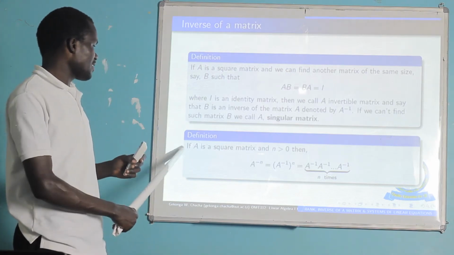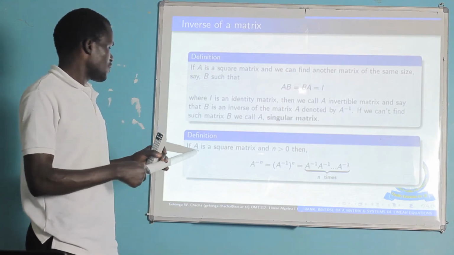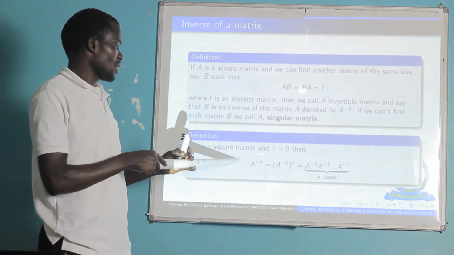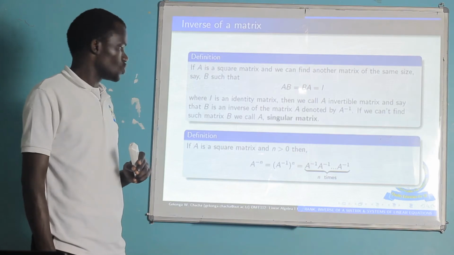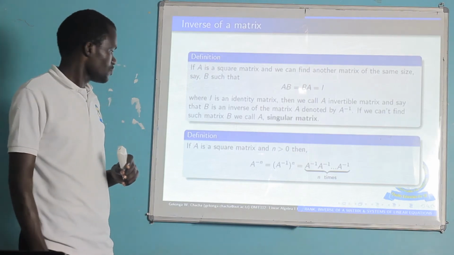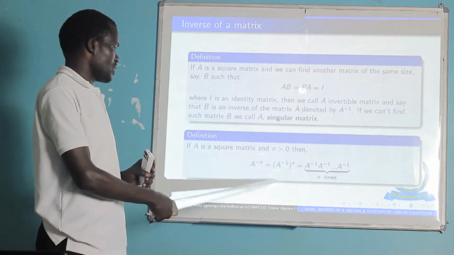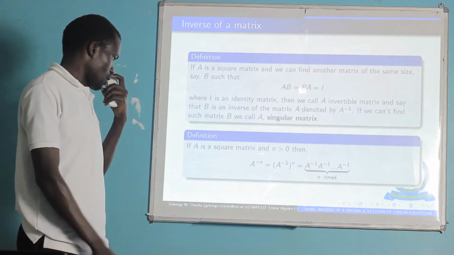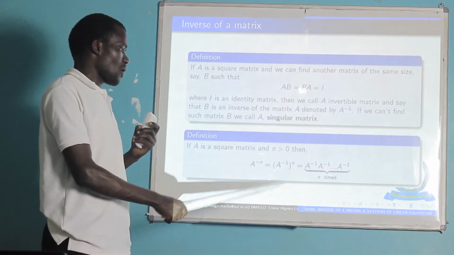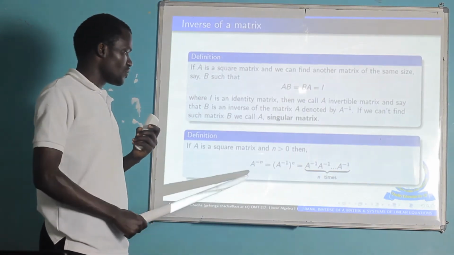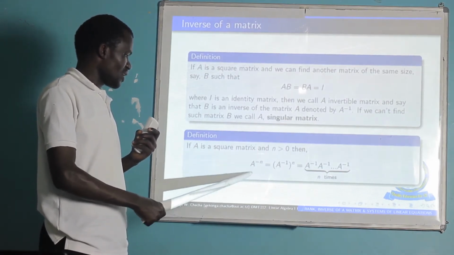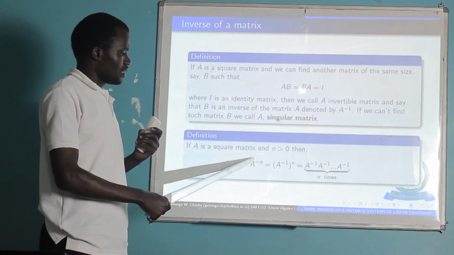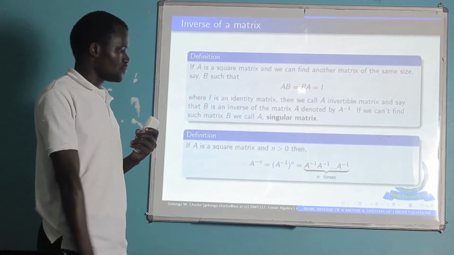Okay, generalizing, if you have a square matrix A, then the inverse of A to the power n is equal to A to the exponent negative n.